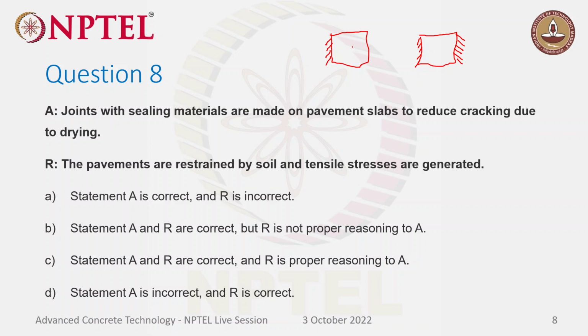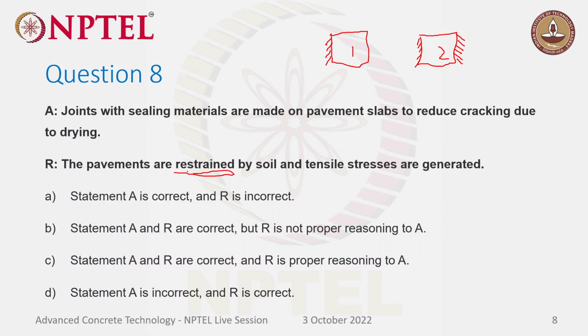Let's assume one and then two. Please unmute and tell me which one you expect to crack. It's a concrete cube. The second one. Why the second one? Ma'am, the second one is restrained against any movement. Yeah. So here the restraint is the major key.